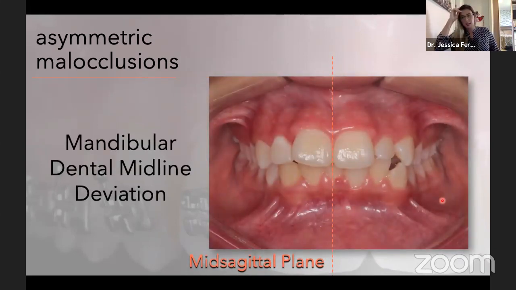So look at this case. This patient has a class 1 malocclusion at one side and a class 2 at this side, and this will cause, as a consequence, a mandibular dental midline deviation.